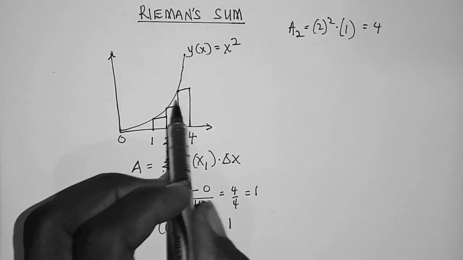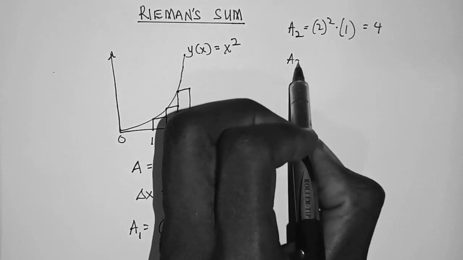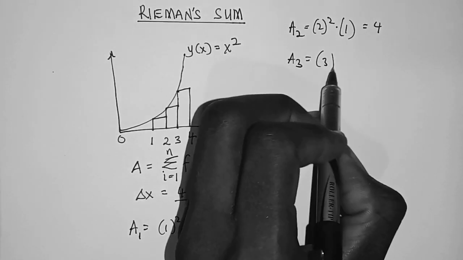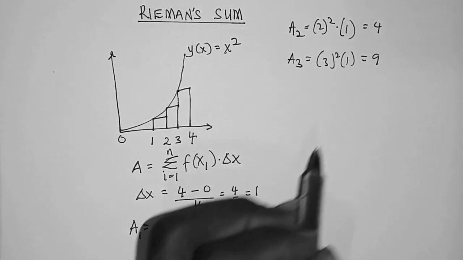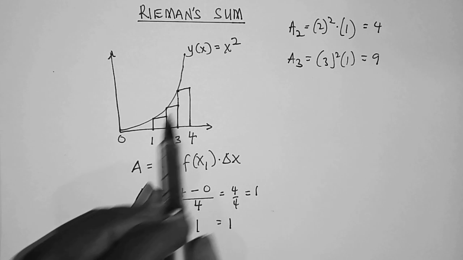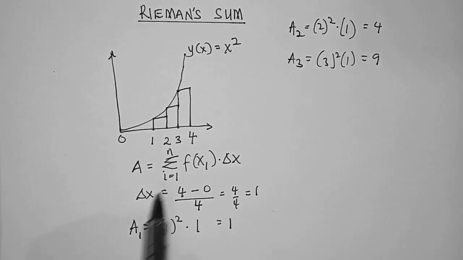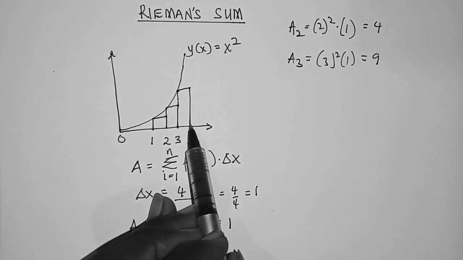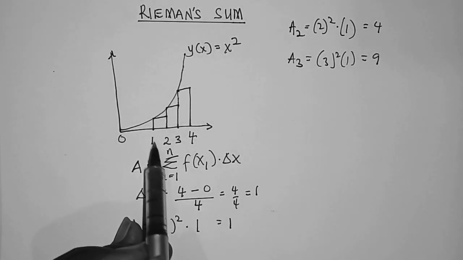Then a3: you can see that this one touches the curve, so a3 is equal to 3 squared times 1, and this is equal to 9. So these are the only rectangles that touch the curve. The last one, which is a4, does not touch the curve, and therefore we cannot include it.